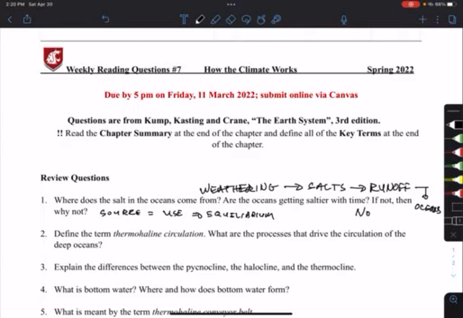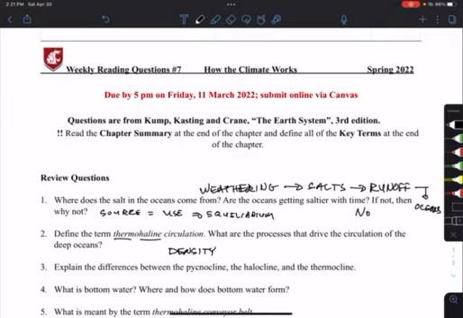Okay, define the thermohaline circulation. So as I've mentioned a number of times, this means temperature, this means salt, and what processes drive the circulation of the deep oceans? It's really density.